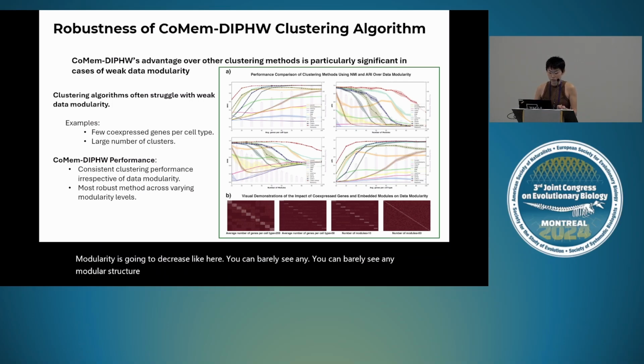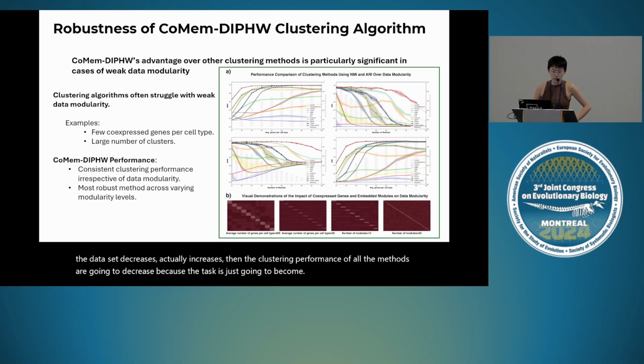We also used Barber's bipartite modularity to accurately quantify the modularity of the simulated data we used. In general, we can see that as the modularity of the data set decreases, the clustering performance of all the methods is going to decrease because the task is going to become more challenging.